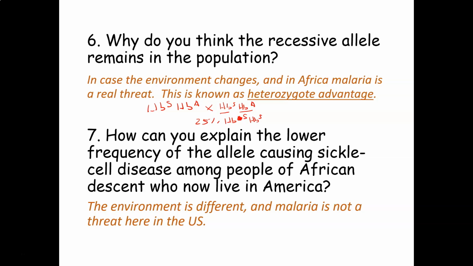We don't really have a problem with malaria here in the US, and so as a result, that heterozygous advantage really doesn't exist here. Because presumably those generations have lived here long enough, we're seeing a slow reduction in those heterozygotes because it's actually more advantageous to not pass the trait on at all here in the US, because we're not dealing with that threat of malaria. So hopefully that makes sense.